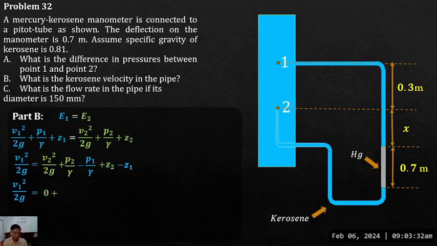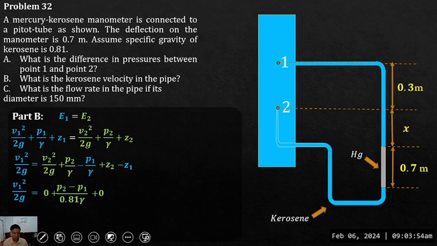And then, P2 minus P1 over gamma. Pagdikitan lang natin. Tapos, take note, yung liquid natin dyan is kerosene. So, we have to multiply yung specific gravity niya na 0.81 times yung unit weight natin ng water. Then, Z2, yan yung magiging datum line natin.